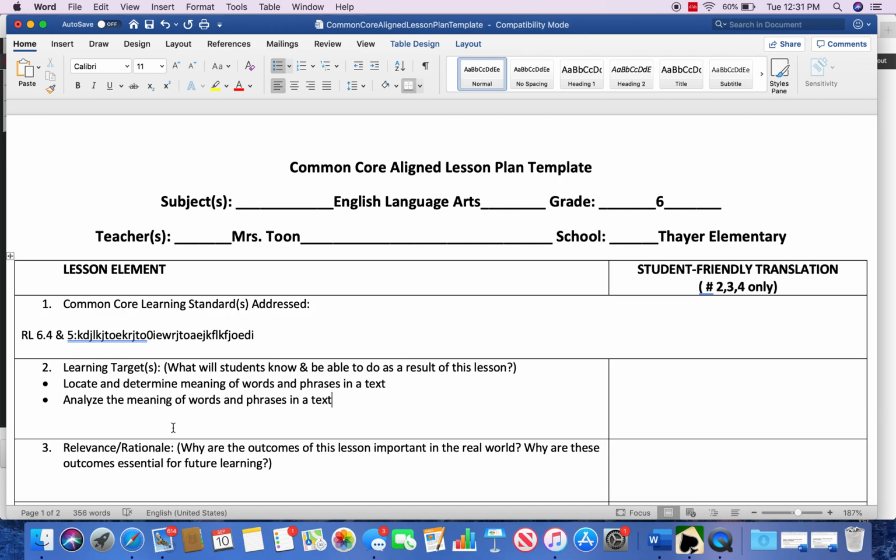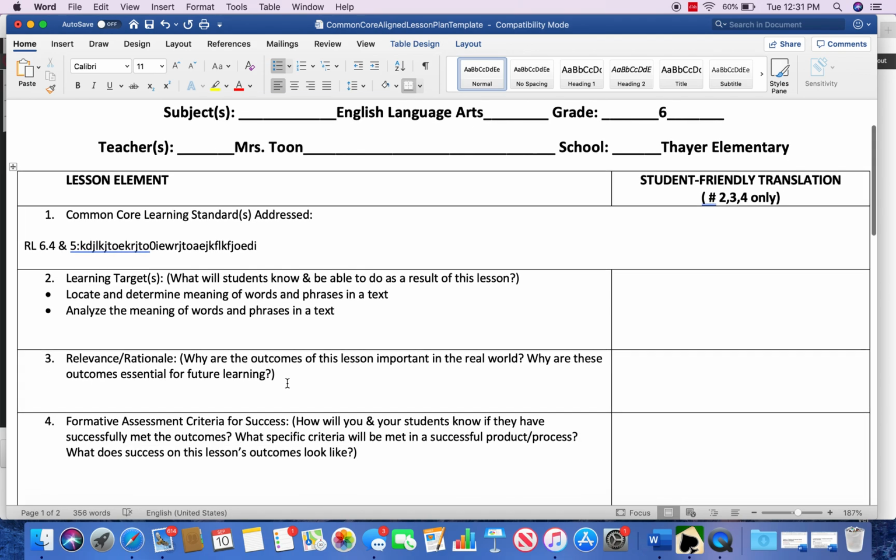Okay, so what is the relevance or the rationale? Why are the outcomes of this lesson important in the real world setting? Okay, so you actually have, and you can do bullets again. You don't have to make full sentences. Why is this important in the real world setting?